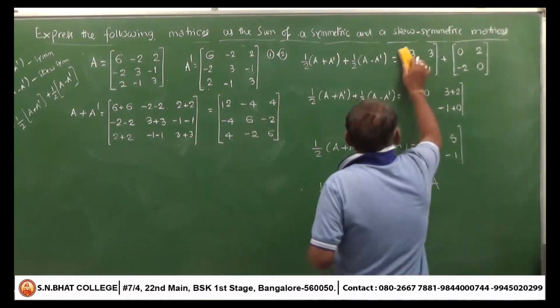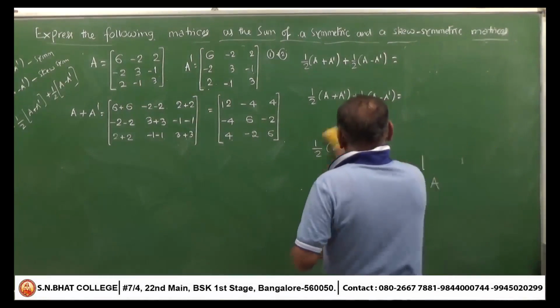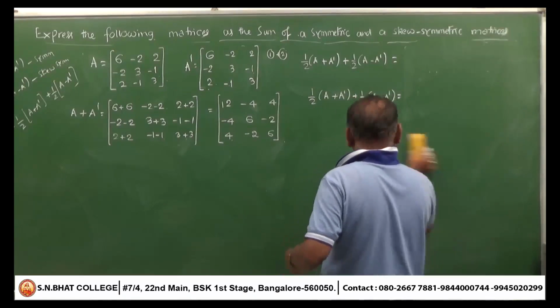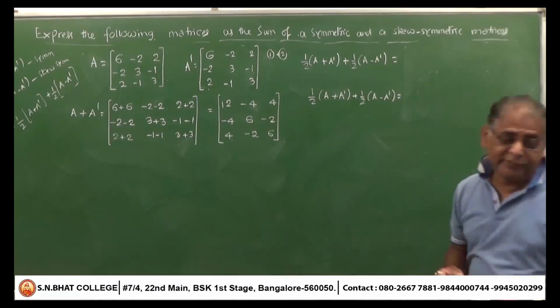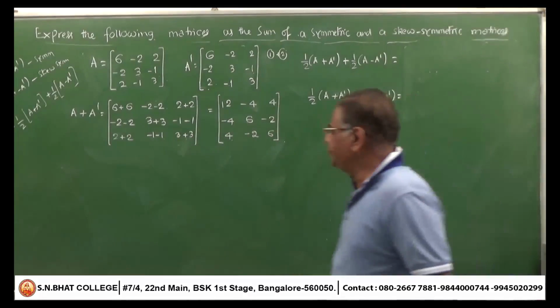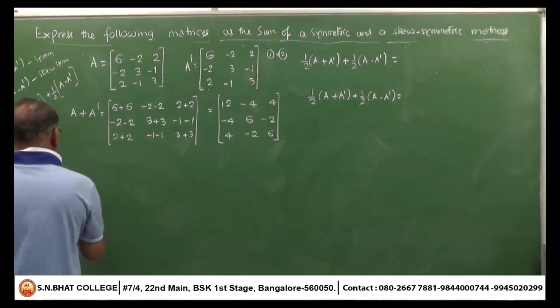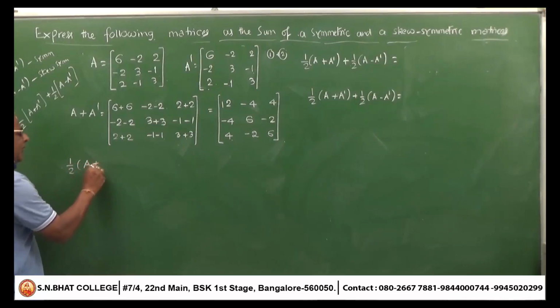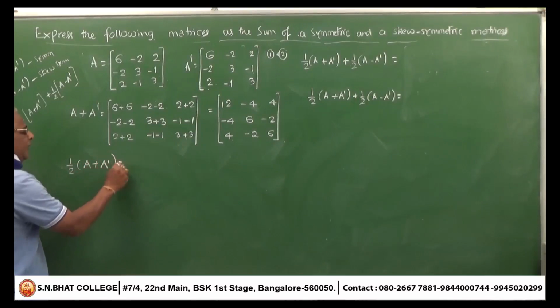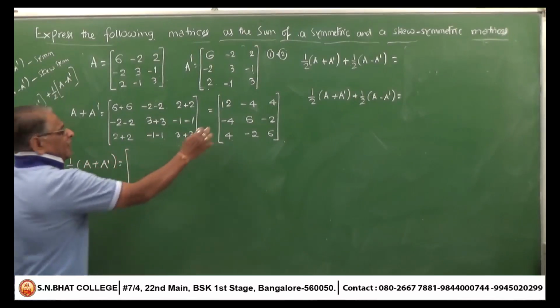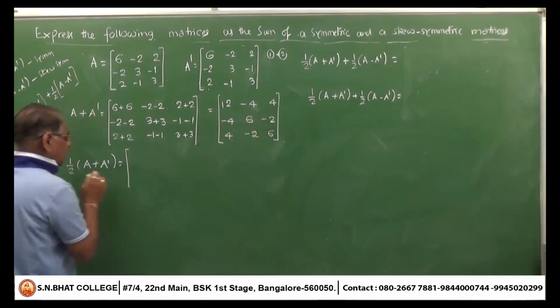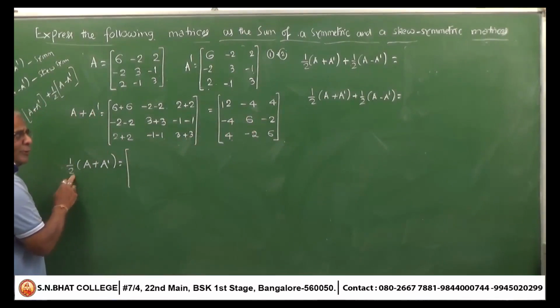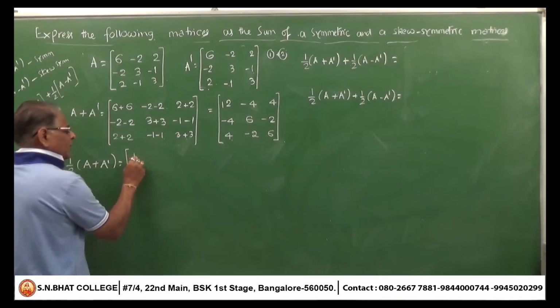Next you have to calculate half into A plus A transpose. Divide each element by 2 or multiply by 1 by 2.